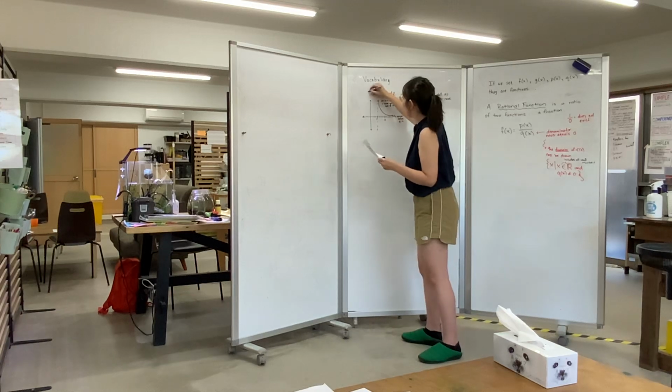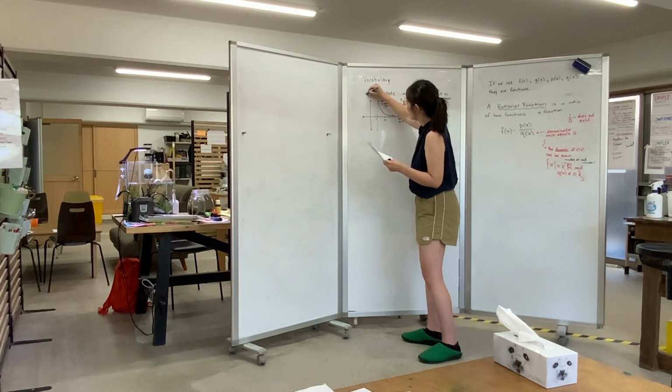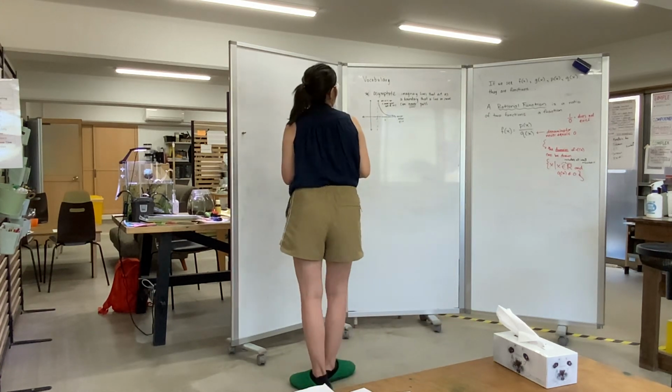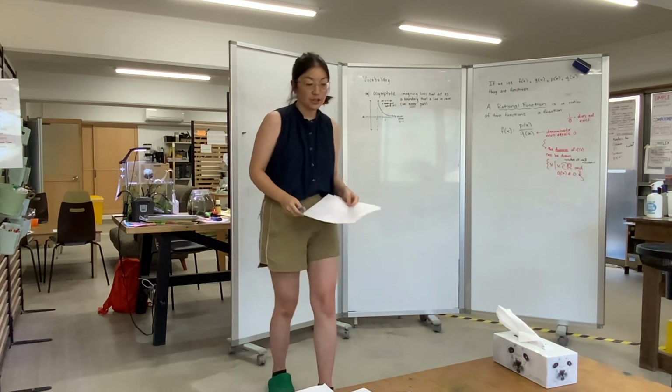Okay, so this is our first vocabulary. Asymptotes are imaginary lines that act as a boundary that a line or curve can never pass.